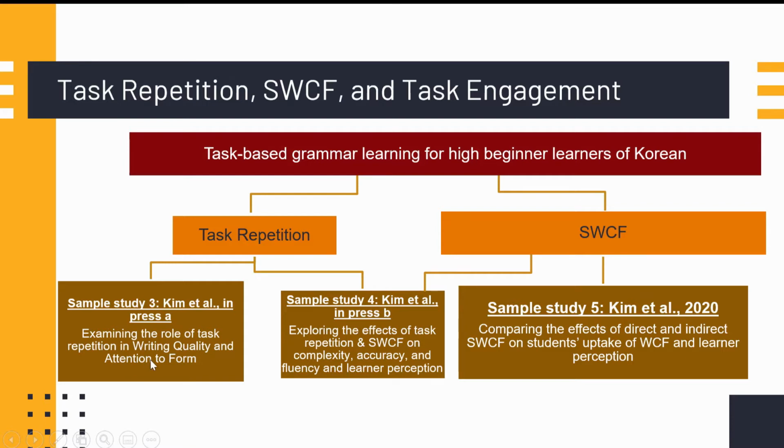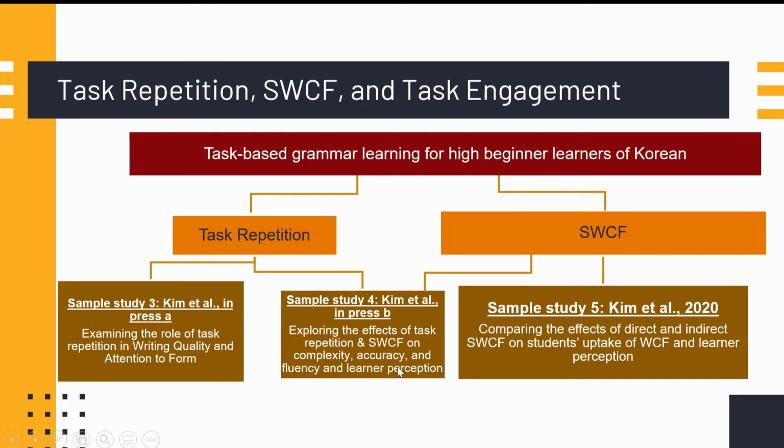On the other hand, procedural repetition is where you provide students with a task which follows the same procedure with different contents. So in this study, we compared these two task repetition conditions and how they impact writing quality and attention to form.